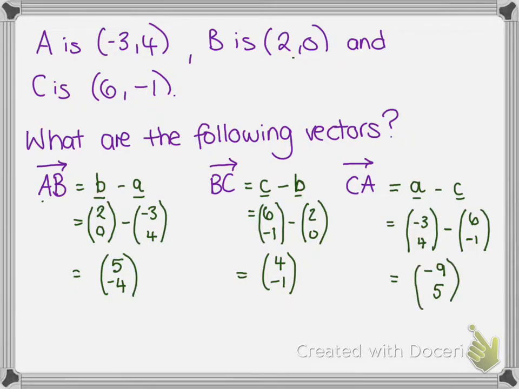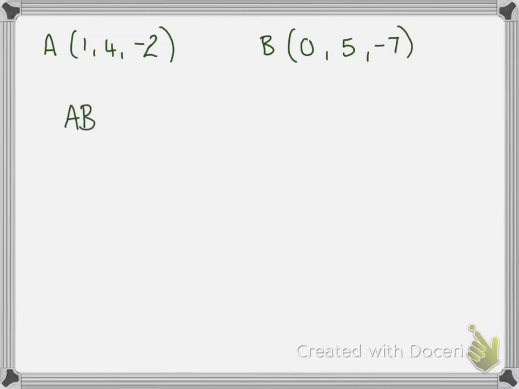I'll do a 3-dimensional example as well. So if A is 1, 4, negative 2, and B is 0, 5, negative 7, what is AB? So that would be B take away A, and I can turn my coordinates into components 0, 5, -7.